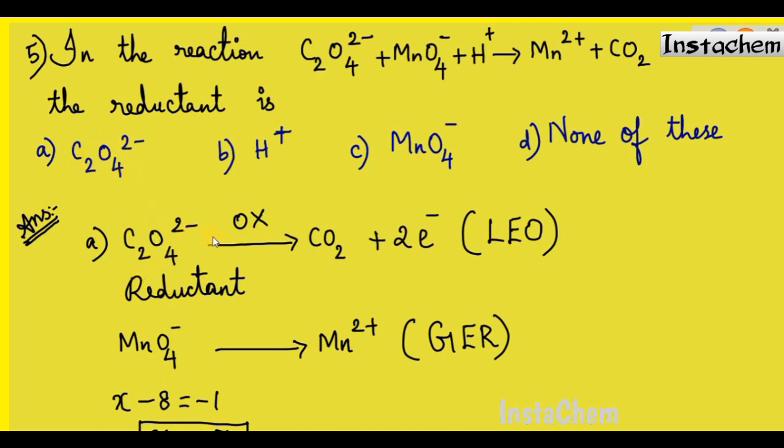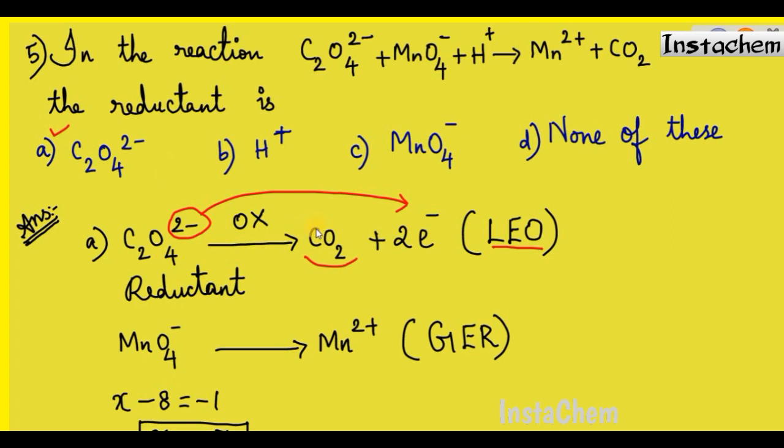It undergoes oxidation because loss of electrons takes place. Say these 2 electrons come out. So loss of 2 electrons for C2O4 2-, and it becomes CO2 gas. So this process is oxidation. The chemical involved in this process is the reductant. So we got the answer very immediately.